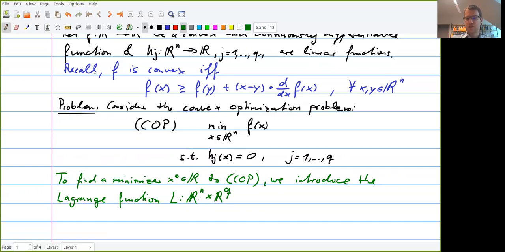So I have an extra parameter, which is my Lagrange multiplier, which is also an input of my Lagrange function, mapping to R.